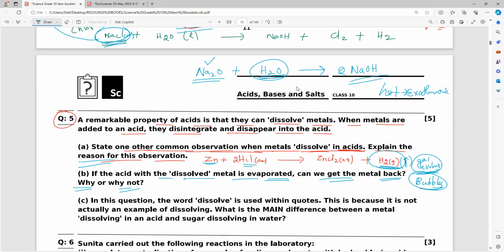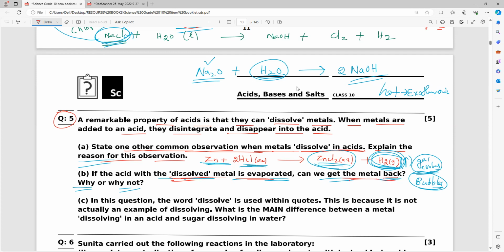If you see the above reaction, you will understand it. For example, the reaction carried out gives us salt plus hydrogen gas. Now they are saying that if the acid with the dissolved metal is evaporated, can we get the metal back?